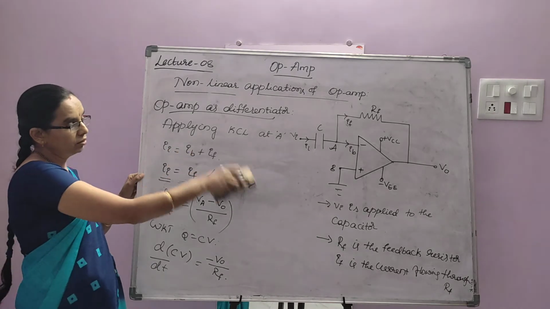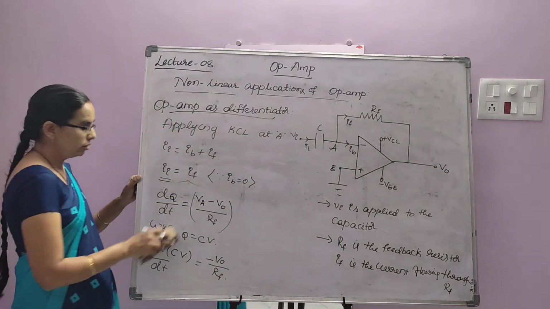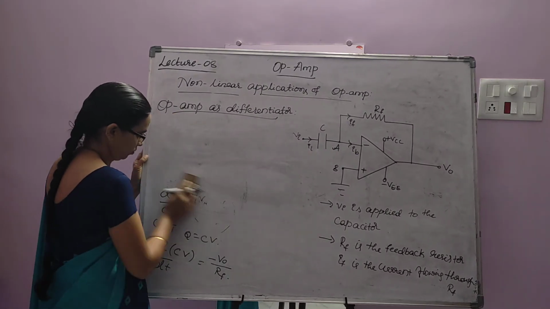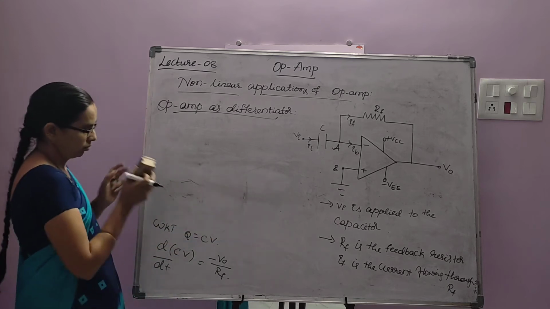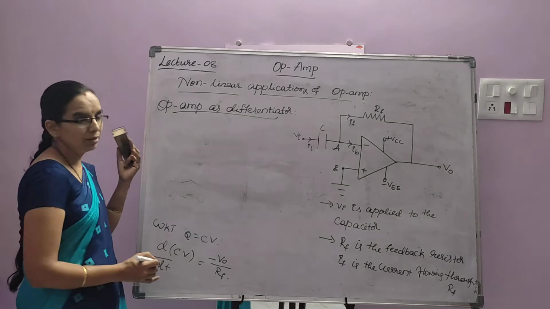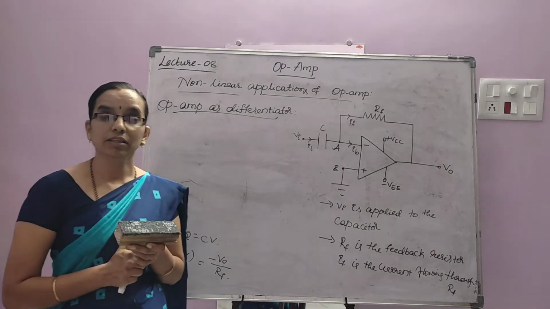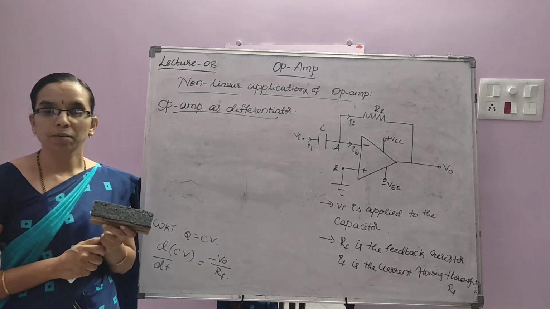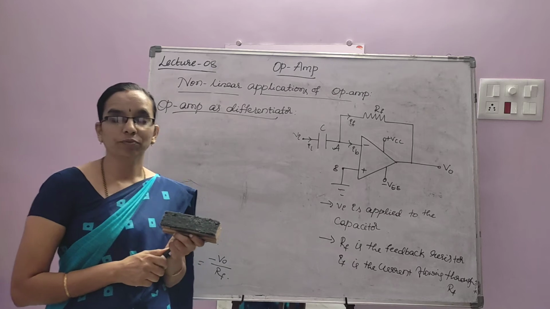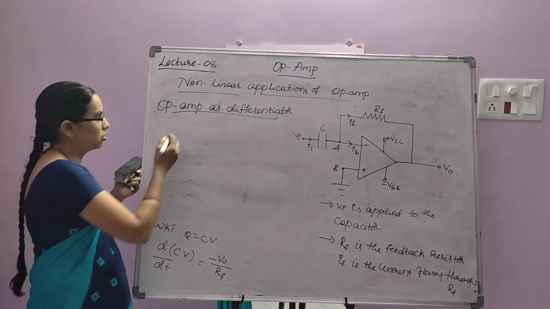Write the circuit explanation and also the derivation. C is a constant because the capacitance of the capacitor will not be varied with respect to time, so it can be treated as constant.